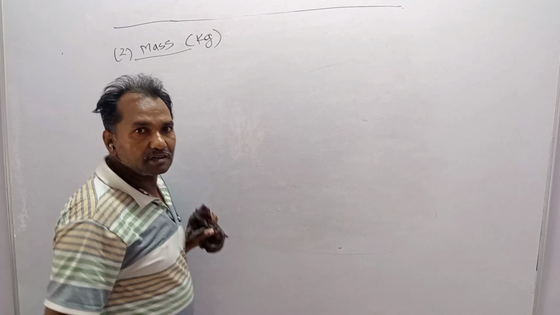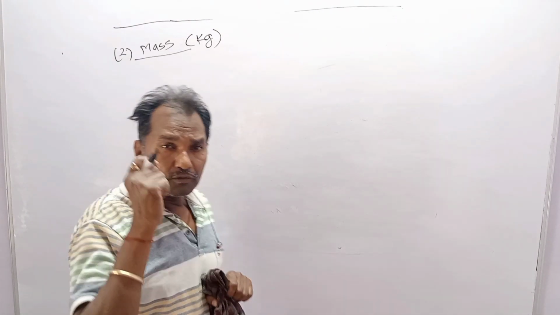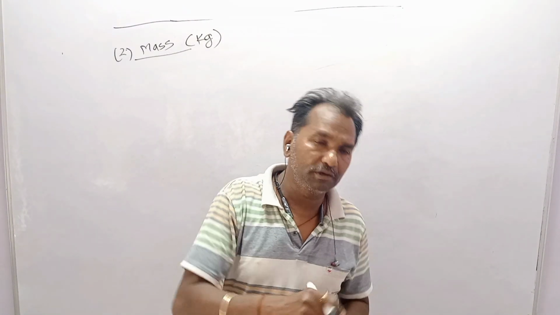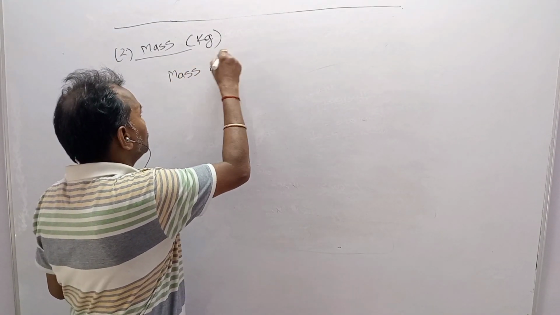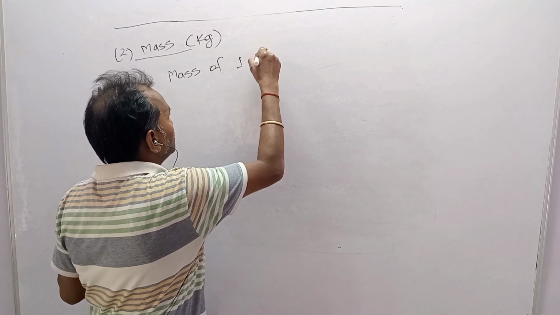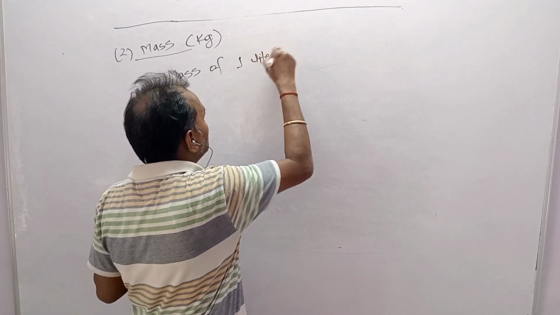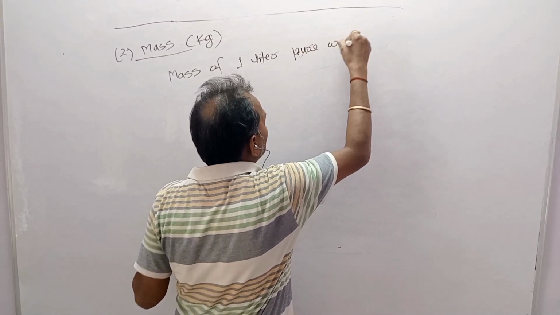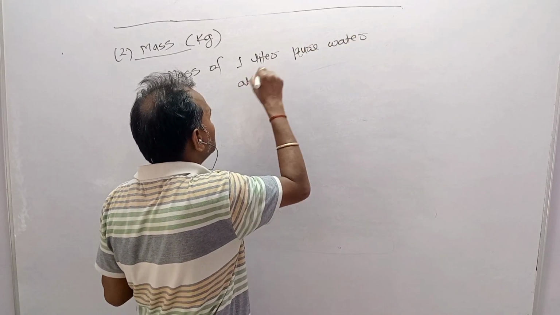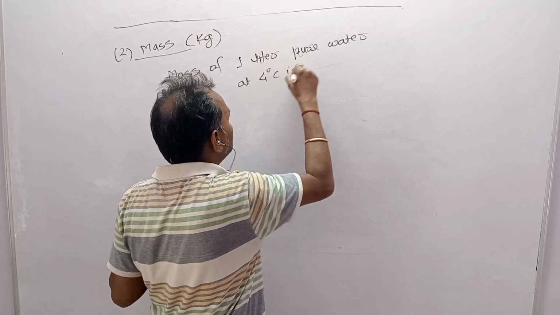This is also an international definition: the mass of 1 liter of pure water at 4 degrees C is 1 kg.